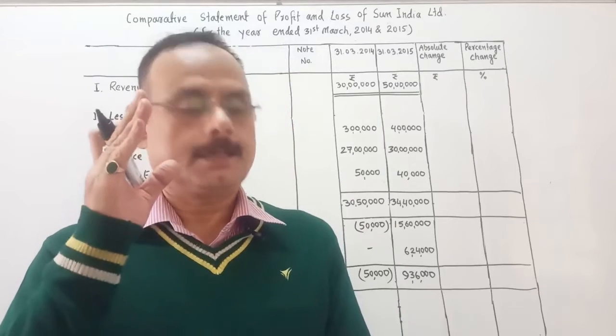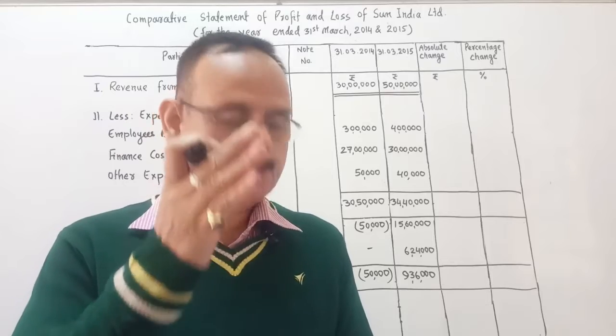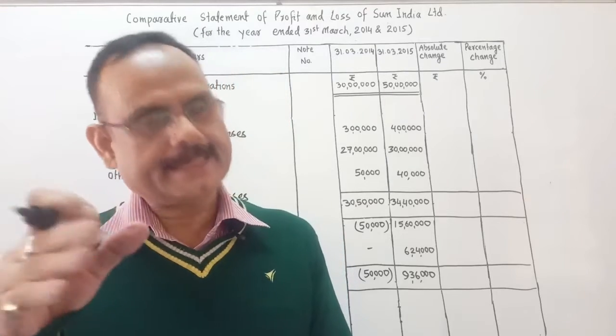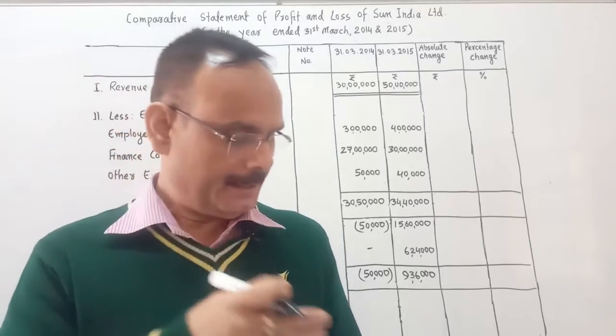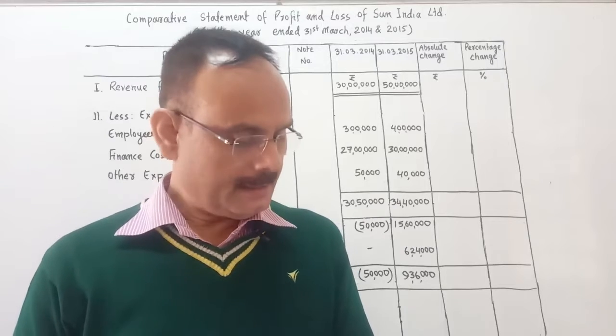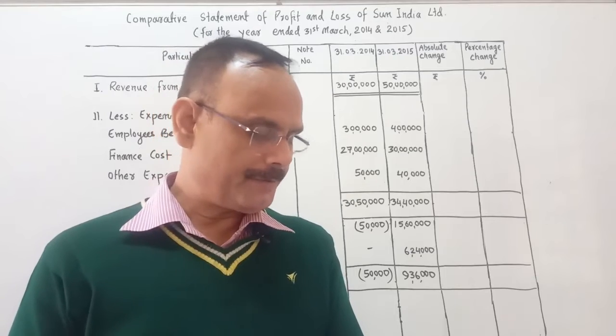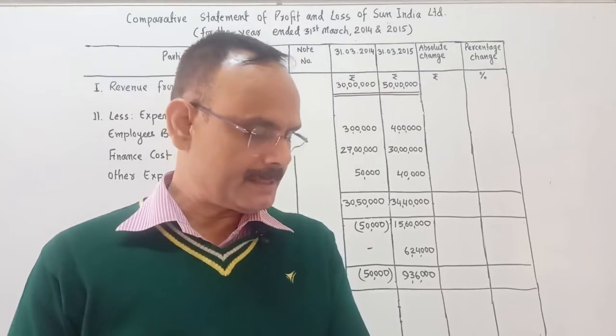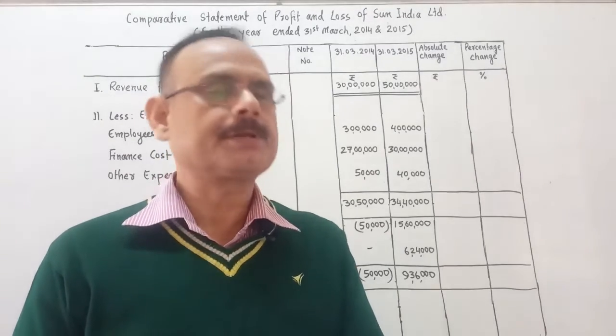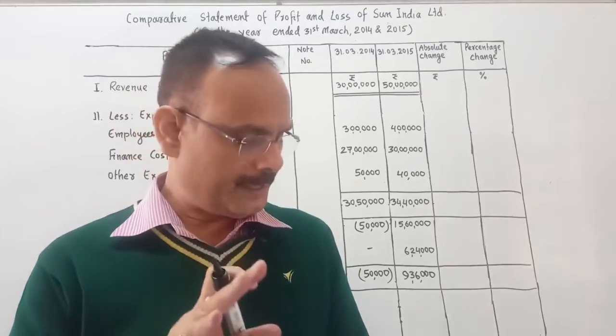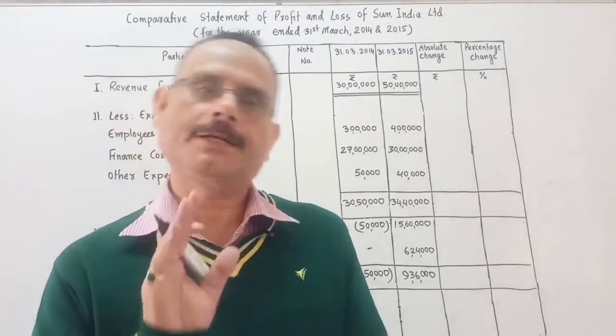Here the amount column is for 2019 and the next column is for 2018. In particulars it has revenue from operations, finance cost, employee benefit expense, other expenses and income tax at 40% of the net profit. Only 5 pieces of information are given in the question.